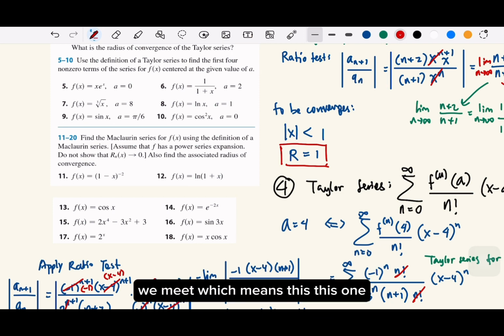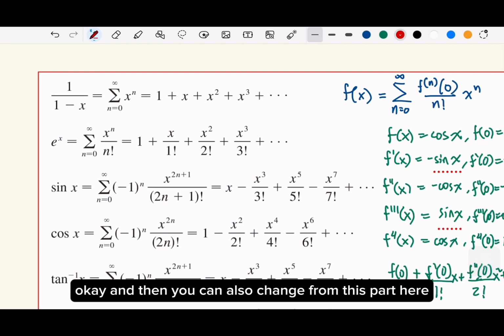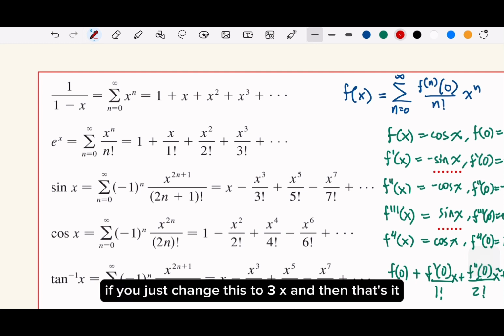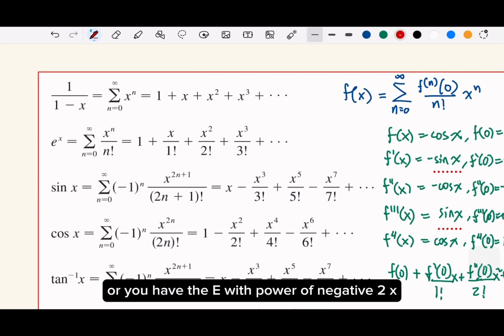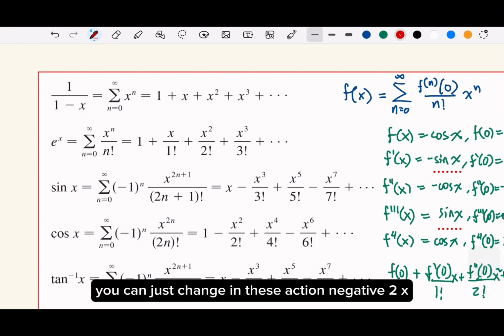Then you can substitute the 3x into here, which gives you sine 3x. Or if you have e to the power of -2x, for example, you can just change this x with -2x, and then that's it. We can substitute like that.